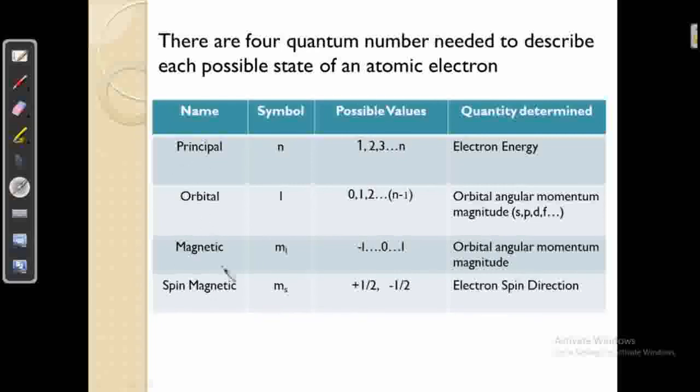So the principal quantum number is 1, 2, 3, etc. up to n. Orbital quantum number 0, 1, 2, etc. up to n minus 1. For magnetic quantum number, it is minus l to plus l. So spin magnetic quantum number ms takes the value plus half and minus half. That is the electron spin direction. So using these four quantum numbers, almost all the atomic effects can be explained.